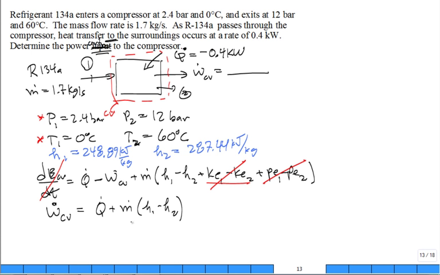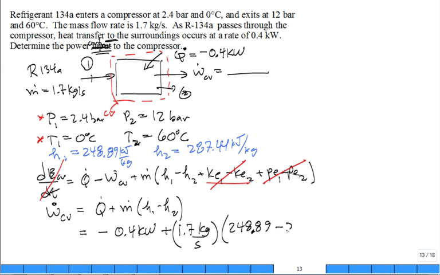So let's just continue to input our numbers. We have negative 0.4 kilowatts for Q dot. We have a mass flow rate of 1.7 kilograms per second. We have an enthalpy in, 248.89.